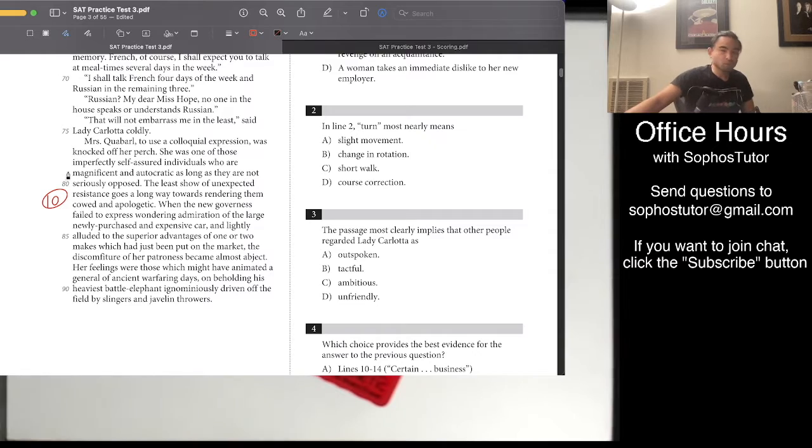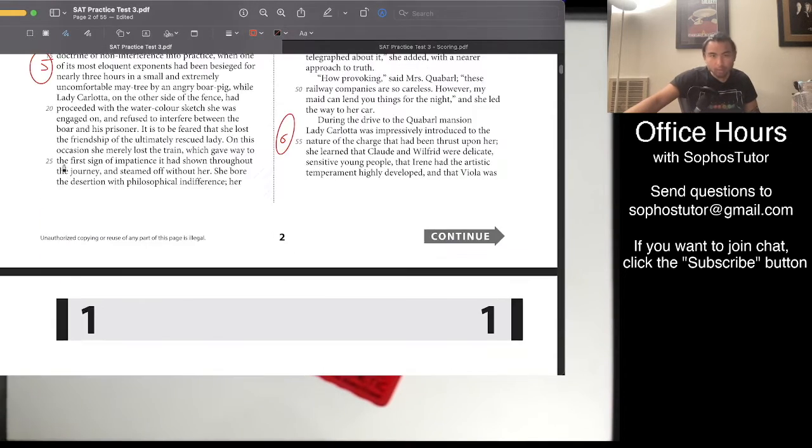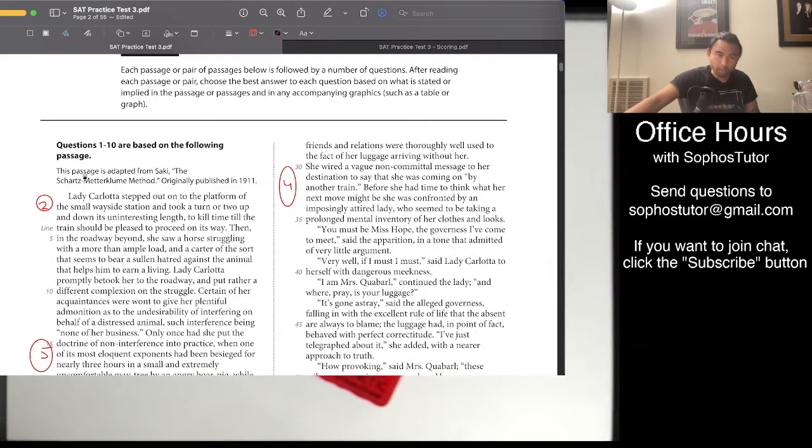You can also call this question mapping. And this will now dictate the order in which we answer the questions. We're going to first answer questions that are annotated. And then when we get to the end of the passage, we will then answer all the unannotated questions. All right, so let's go ahead and begin.